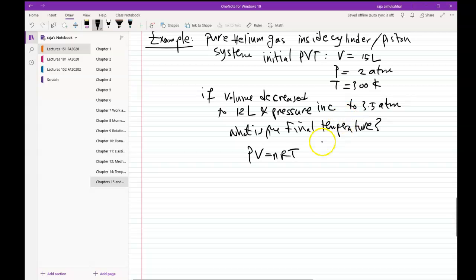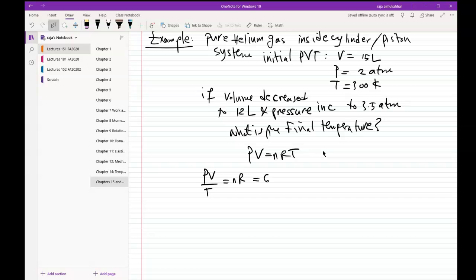Now, if there is no leakage, if there is no loss in the mass of the helium, in other words, the piston wasn't leaking helium, that means the number of moles is constant. So what I could do, watch this, I can take this T and put it on the other side. So it becomes PV over T equals nR.